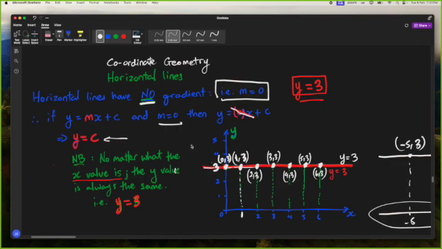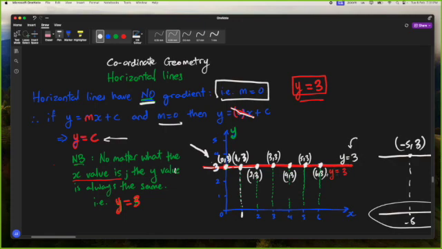That means it will cut the y-axis at 3, and it has no m, it has no x. So it will just be a horizontal line. When you just see y is equal to 3 alone, that is a horizontal line.